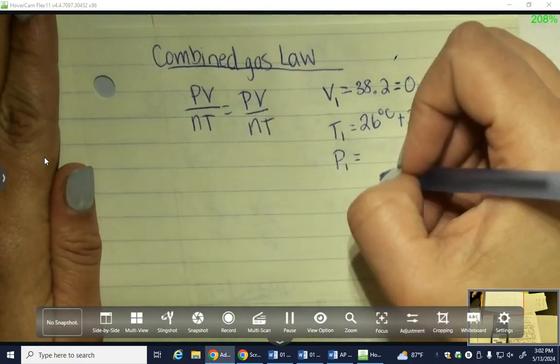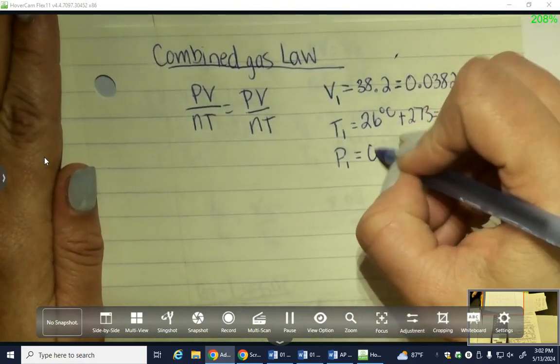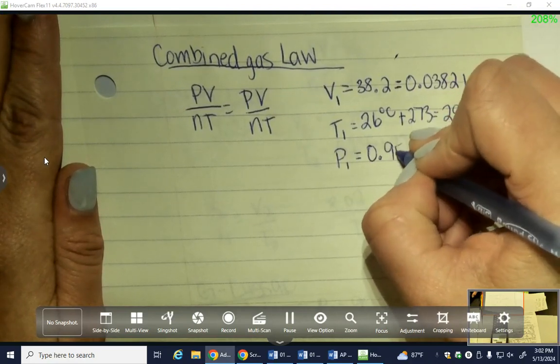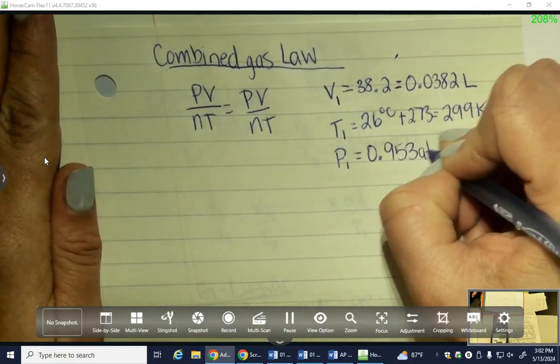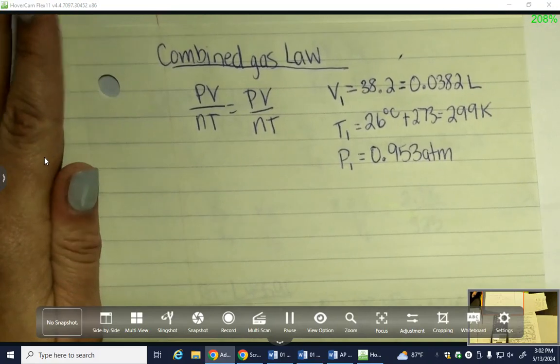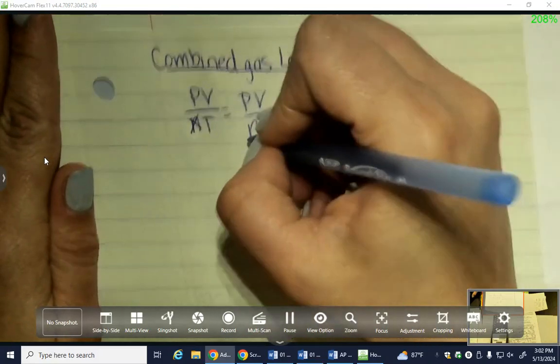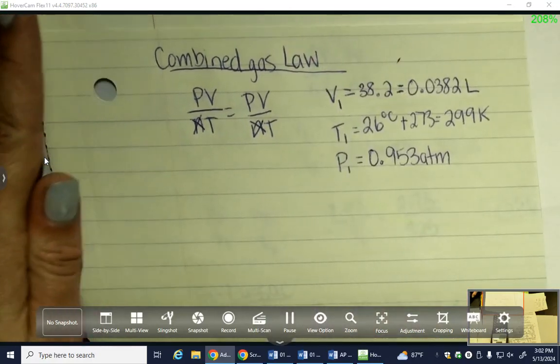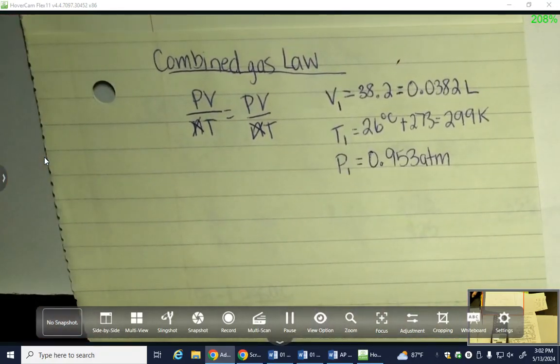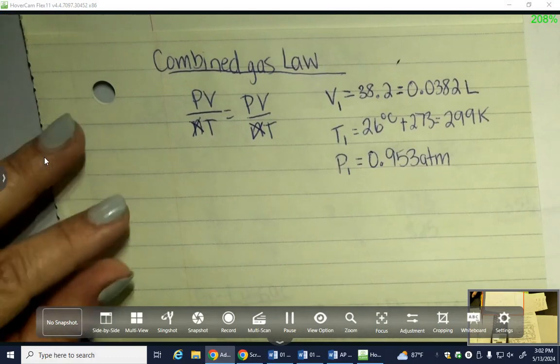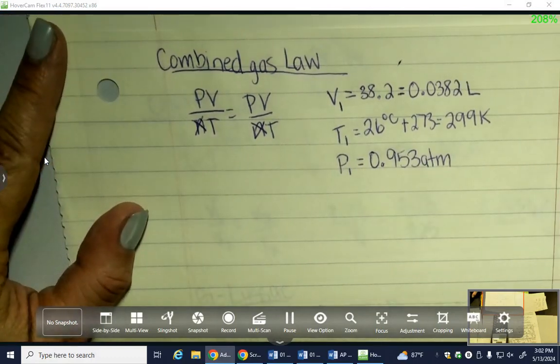So pressure, atmospheres, 0.953 atm. Notice there was no mention of moles, so we're probably going to get rid of that, because usually we don't mess with the sample size.